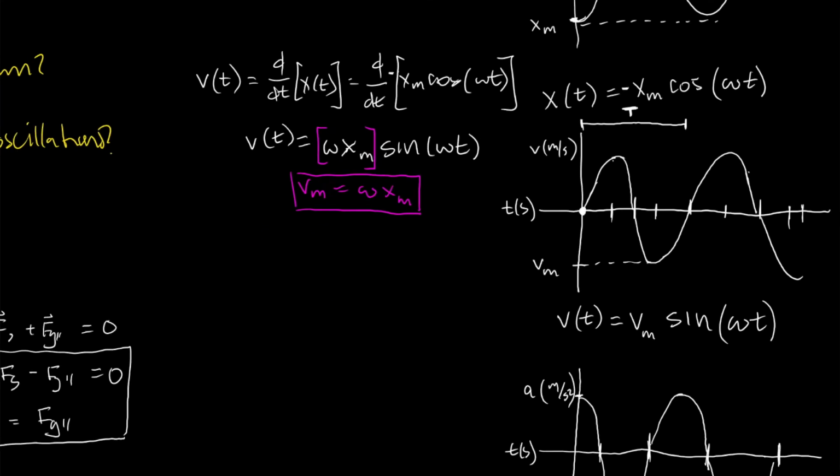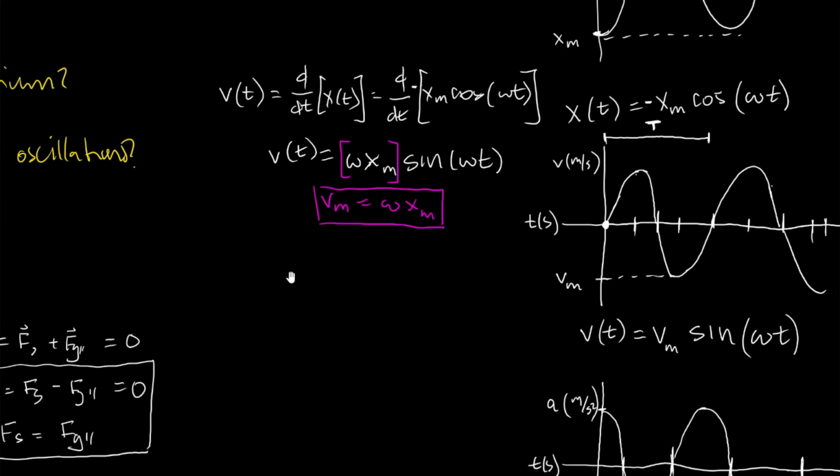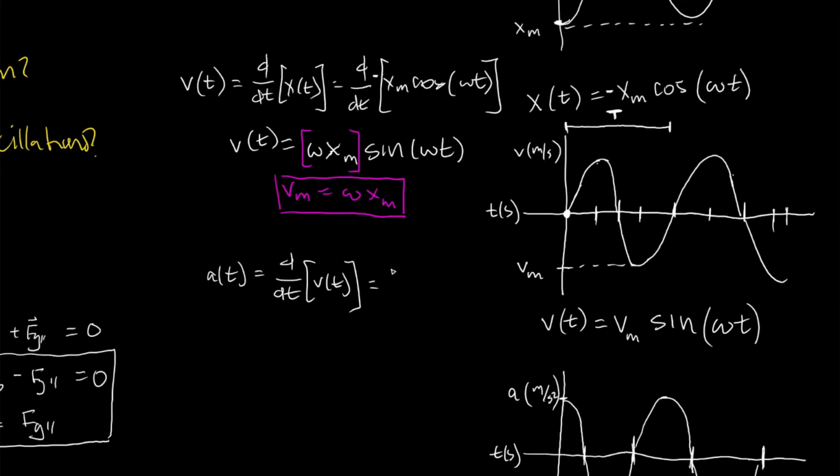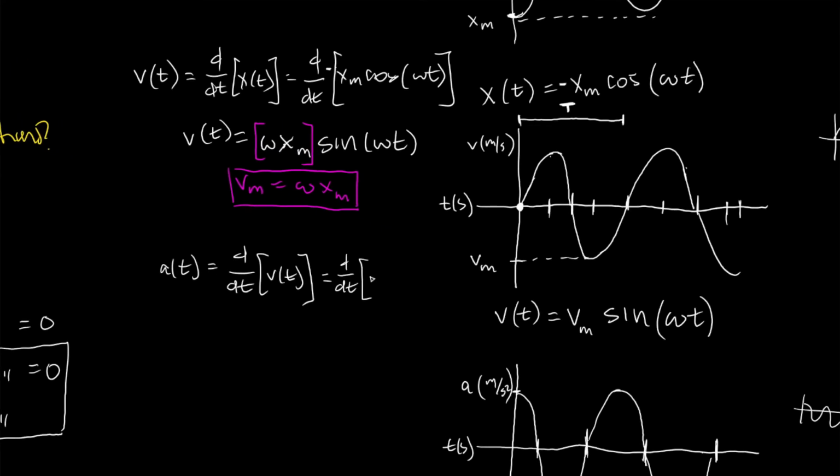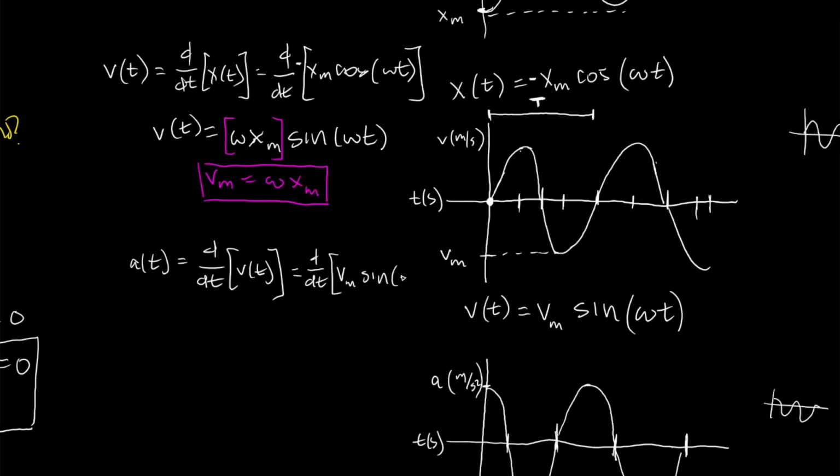Now we can do the same thing for acceleration. Acceleration is the time derivative of velocity. So acceleration equals the first derivative of Vm sine omega t.